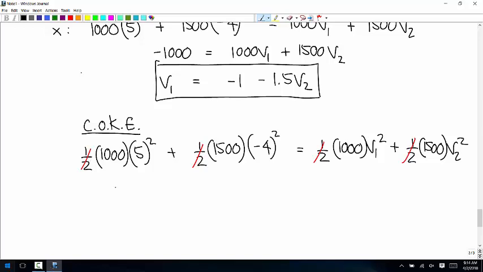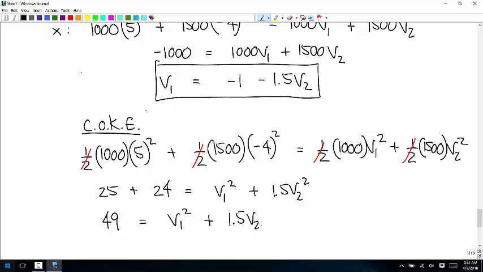Divide everything by 1,000 and you get 25 plus 16 times 1.5 is 24, is equal to V1 squared plus 1.5 V2 squared. So 49 is equal to V1 squared plus 1.5 V2 squared.